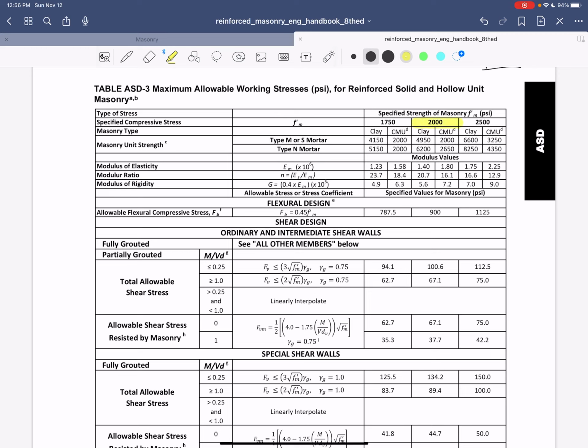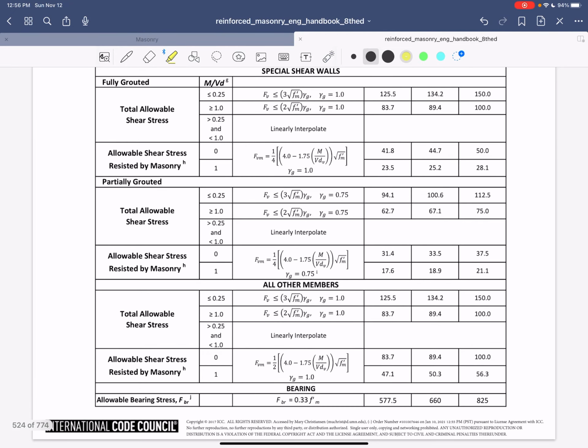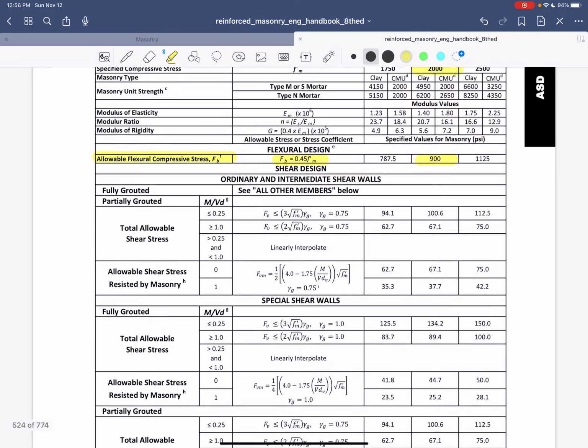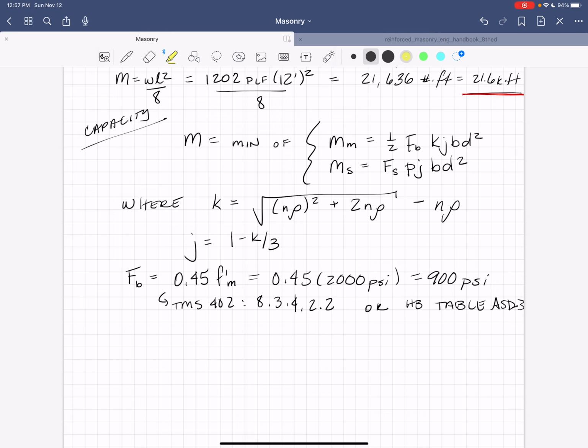Here is our specified masonry strength, and we use CMU. This is what we're calculating right now, the F sub B, using that equation, and for our masonry strength, it's 900. So that's what I just calculated, right? And you can see there are shear stress values and everything else in this table, so this is where we'll come back for those. It's a little more straightforward than in wood. The reason the wood one is so complicated is that there are so many different species of wood. Here I'm just looking at masonry units and different strengths. So we go back here. That's where we got the 900.